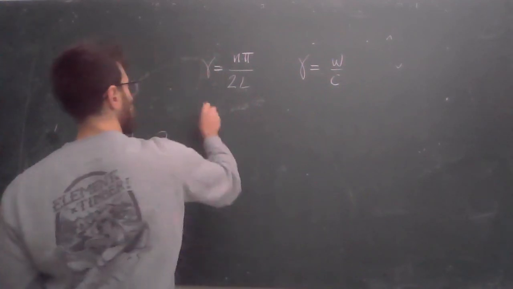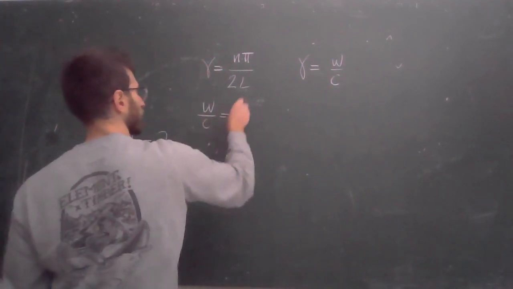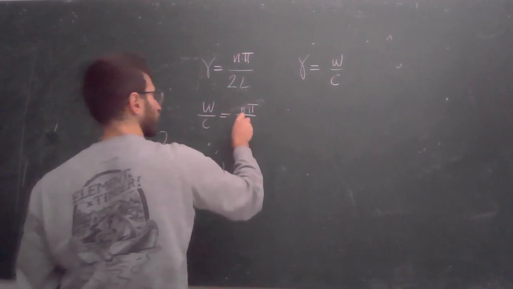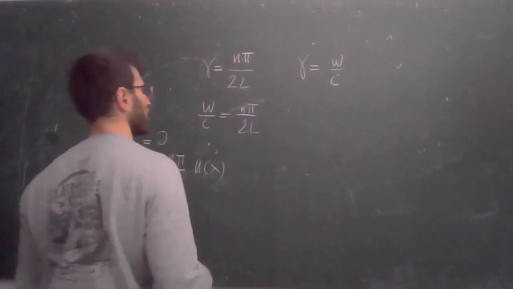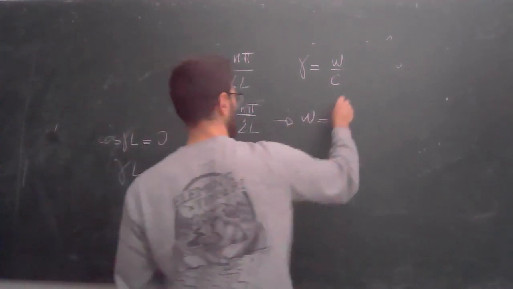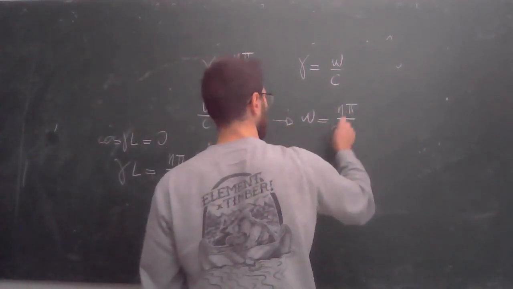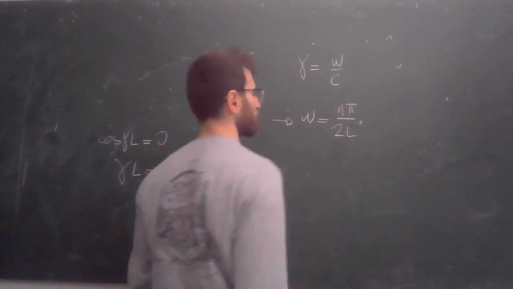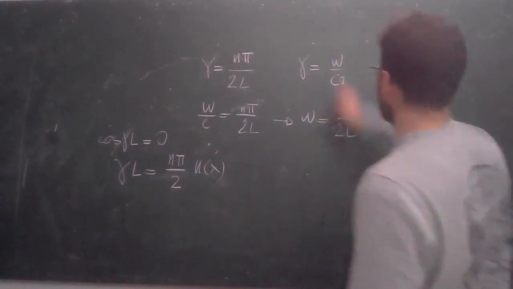So omega divided by c is equal to n pi over 2L. So omega is n pi divided by 2L times c, but c is c0, right?